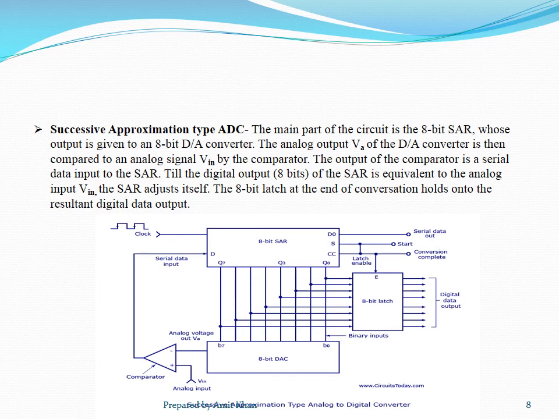Till the digital output of the SAR is equivalent to the analog input V in, the SAR adjusts itself. The 8-bit latch at the end of conversion holds onto the resultant digital data output. We can see that in the diagram also.